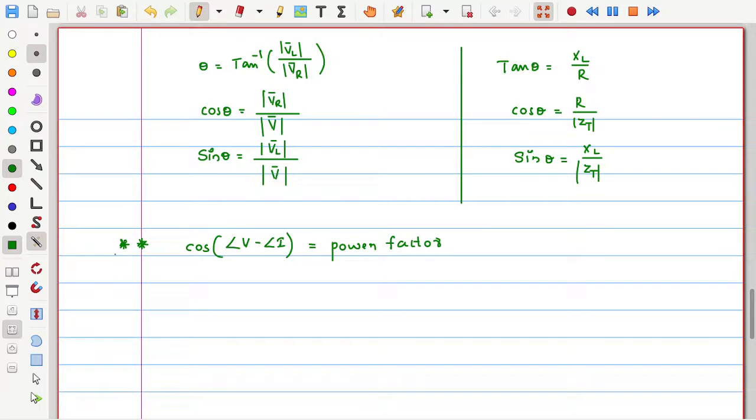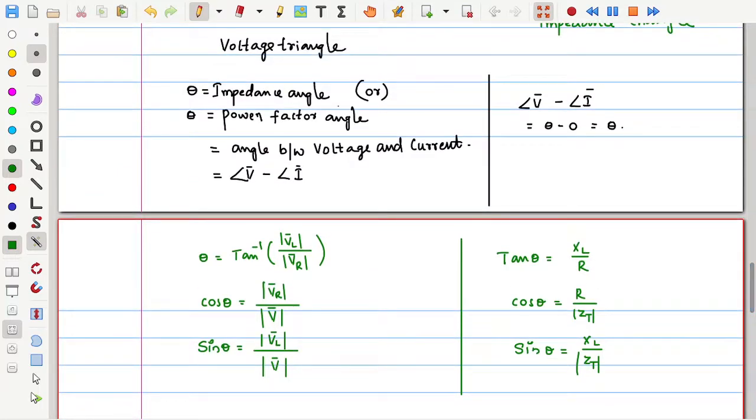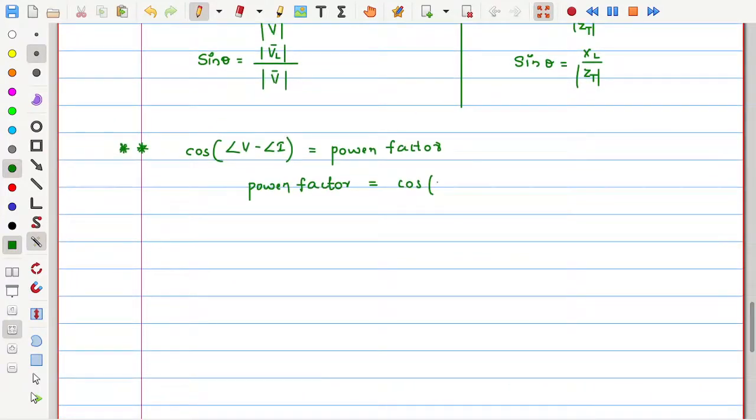So power factor can be written as the cosine of the angle between voltage and current. We already saw it is equivalent to the impedance angle, theta, which we call the power factor angle. So power factor can be stated simply as cos theta.